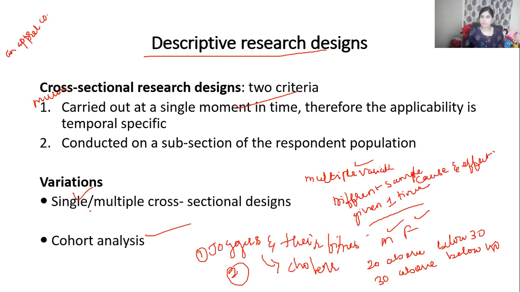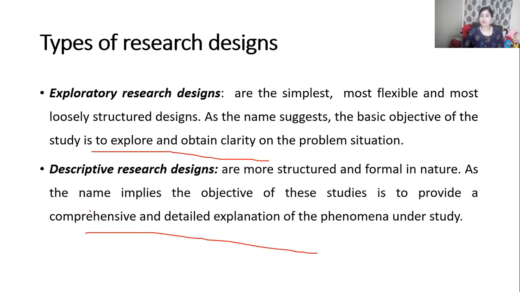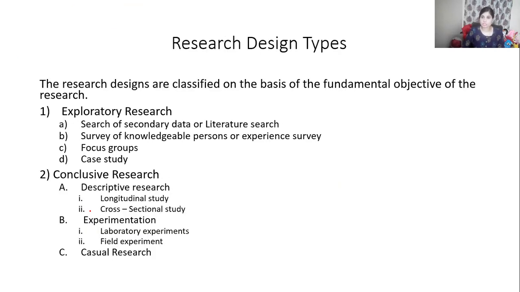According to the topic which you are studying, you have to decide whether you're going for a focus group study or literature study, or you want to do an experimentation. Okay, like laboratory experiments, which go under science. Imagine your chemistry labs or physics lab.